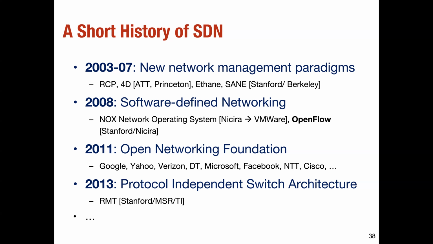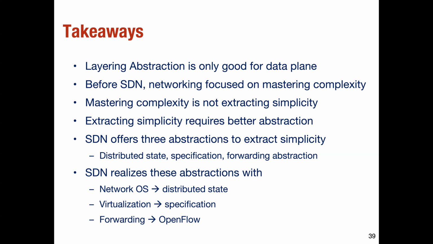And this was actually the goal of software-defined networking. It focuses on extracting simplicity by developing three core principles: enabling distributed state, providing a specification abstraction with network virtualization, and then the forwarding abstraction. And OpenFlow was one initial instantiation of that idea, right?